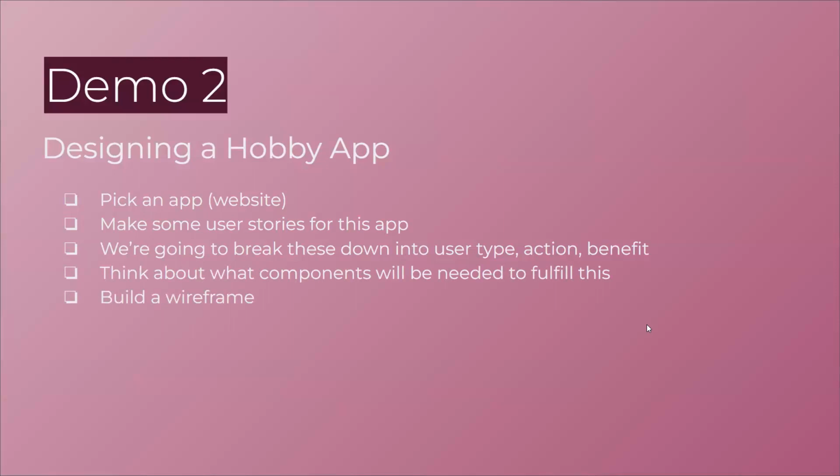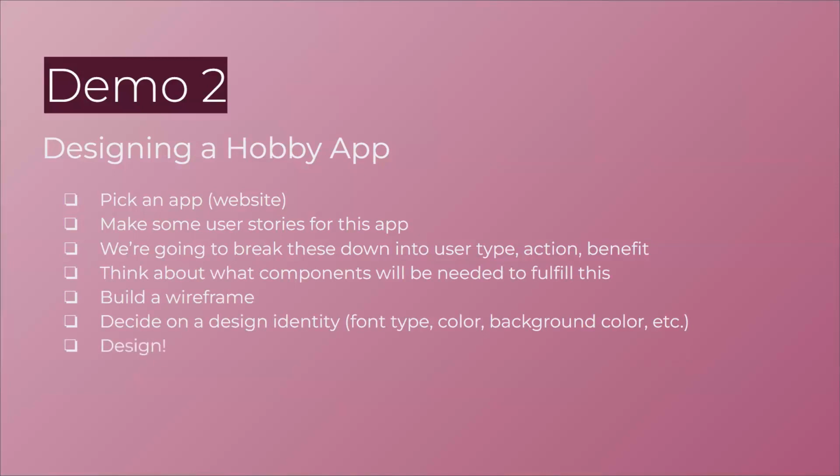Then we're going to build a wireframe and then decide on a design identity, like font type, color, background, stuff like that. And then we're going to design. So what I can do is I can open, let me see, how can I do that?